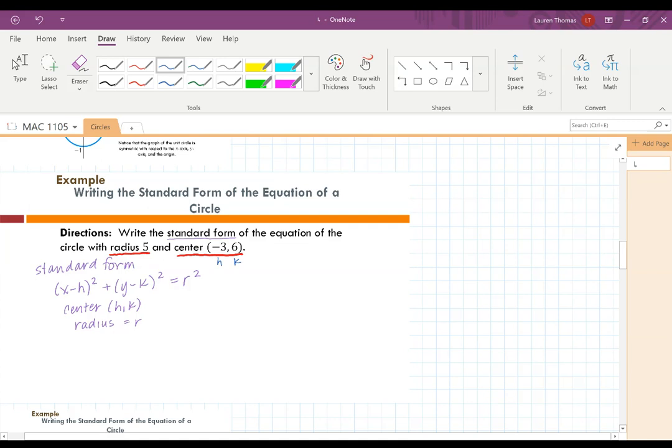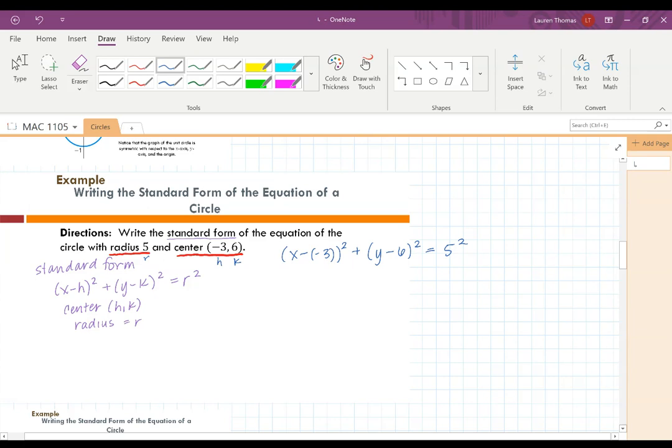So we plug those values into our standard form: (x minus -3) squared plus (y minus 6) squared equals, and our radius is 5, so that's our r, equals 5 squared.